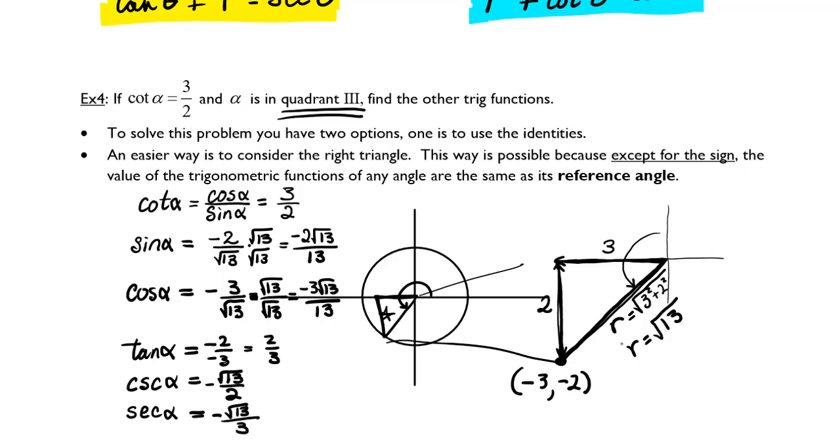I think it's important to note at this point that we are not finding angles. These are not radians. These are lengths. All of these are lengths. And I emphasize that because it's such a common error.